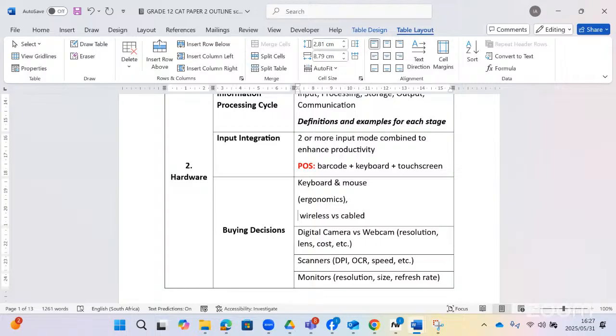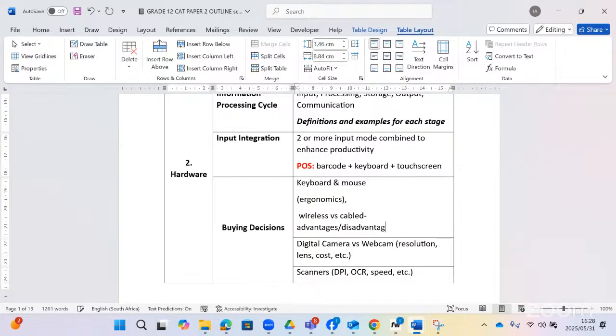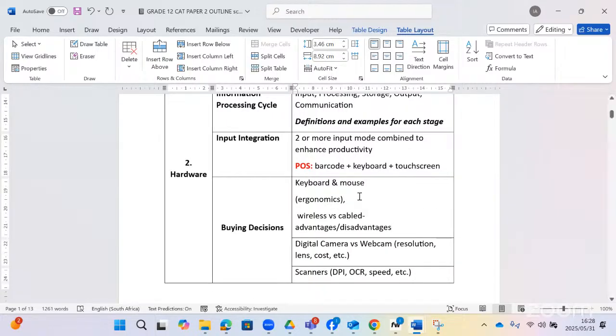Now, we should also know, comparing a wireless keyboard or mouse with a cable keyboard or mouse, their advantages and disadvantages. So when you are comparing, you must know their advantages and disadvantages. Right. So when you are buying a keyboard, these are the things you should take into consideration.